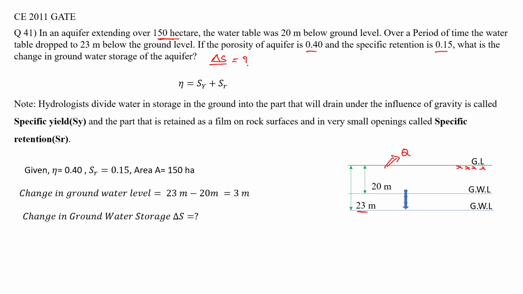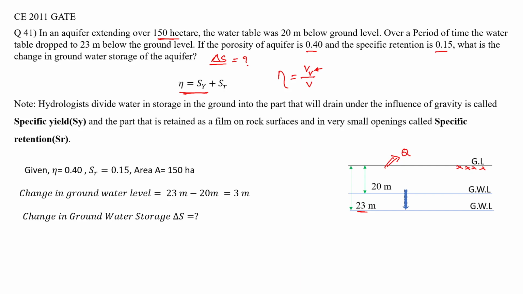The similar type of question you can observe in all the previous year papers. The first fundamental relation is that porosity is equal to specific yield plus specific retention. All of you know porosity is the volume of voids divided by the total volume. Under saturation, the maximum amount of water the aquifer can accommodate is this volume of voids only, and all the voids will be filled with groundwater.